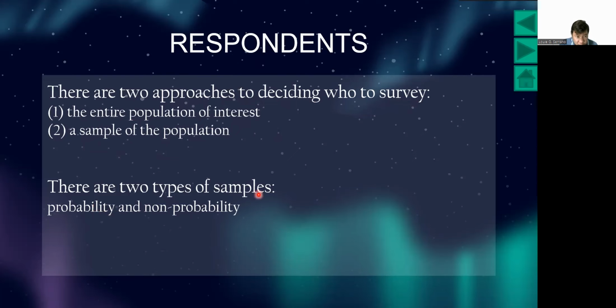So there are two types of sample, probability and non-probability. So probability sample is one in which names are drawn from a population whose size and characteristics are known. Can calculate sampling error, while non-probability sample is one where names are selected from a population whose size and characteristics are unknown.